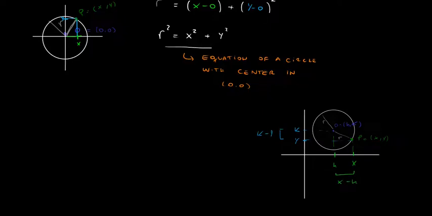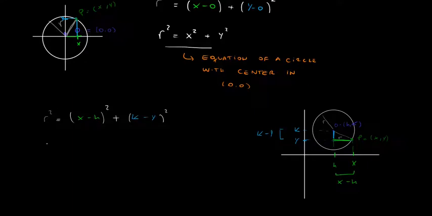So we can form our triangle with green and blue sides and use the Pythagorean theorem to say that r squared is going to be equal to the green distance, that's x minus h squared, plus the blue distance, k minus y squared.